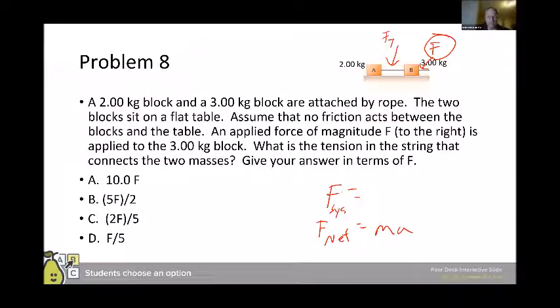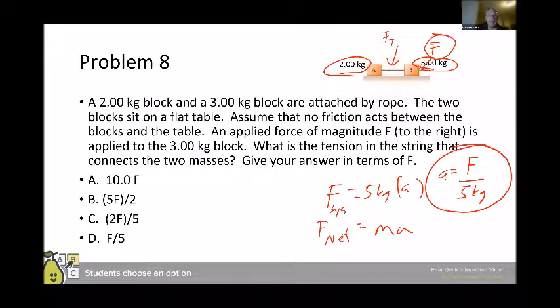This F is the net force on the whole system. It's acting on the mass of the whole system, which is 3 kilograms here and 2 kilograms here, which means the acceleration of the system is going to be equal to F divided by 5 kilograms, like so.